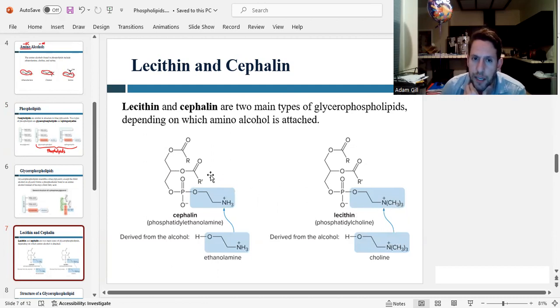That's the only difference. And the particular fatty acids that you use here don't matter. It could be any fatty acid, but as long as it's got the phosphodiester with ethanolamine, it's a cephalin. Phosphodiester with a choline is a lecithin.